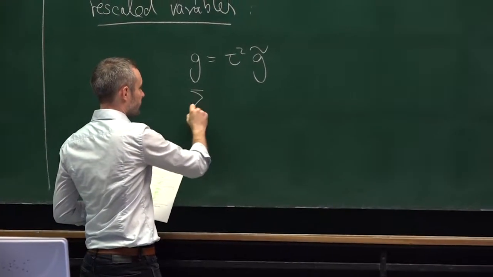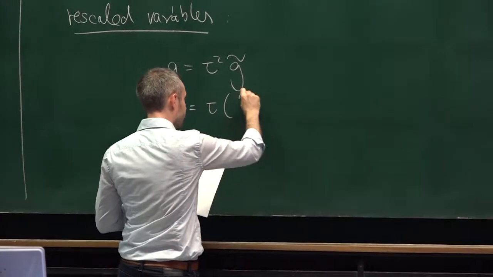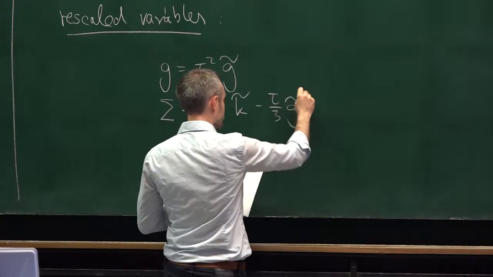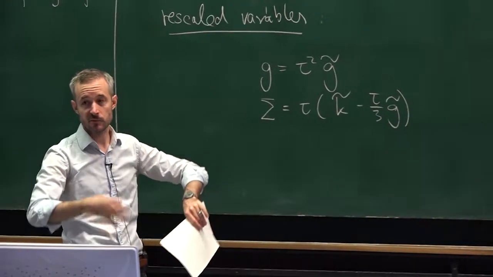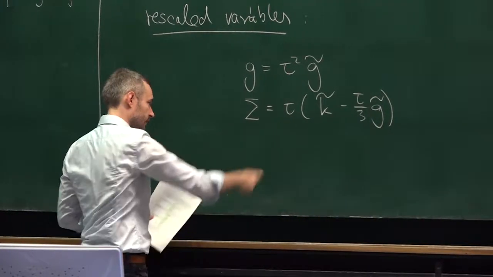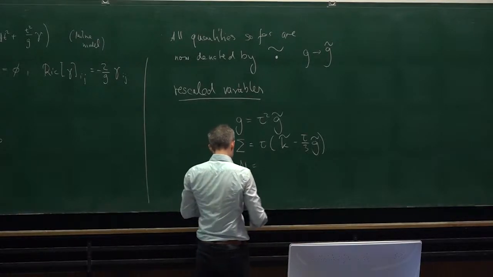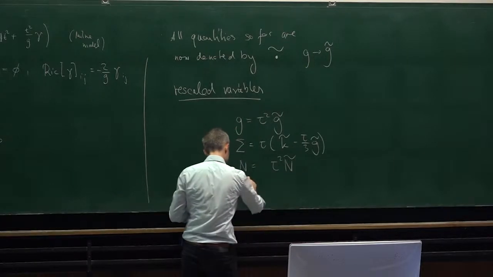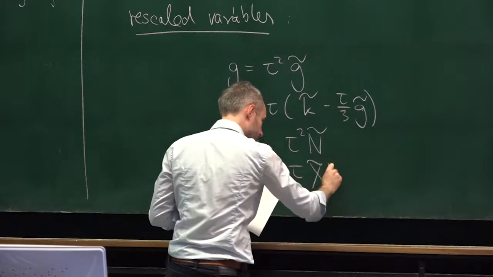The trace-free part of the second fundamental form is tau times the second fundamental form minus tau over 3 g tilde. So that's just the trace-free part of the second fundamental form, unrescaled, and we rescaled it by tau. The lapse we rescale by tau square, and the shift by tau.